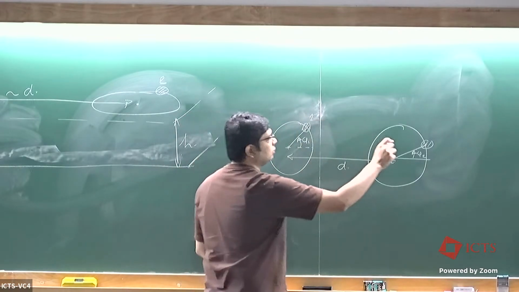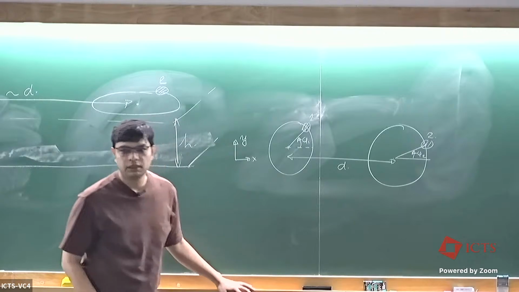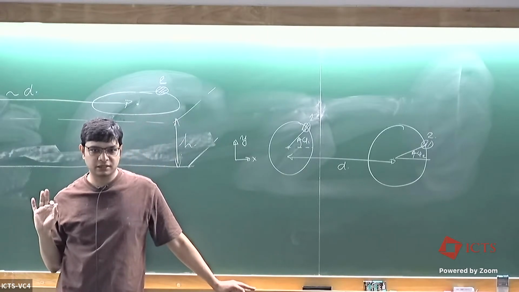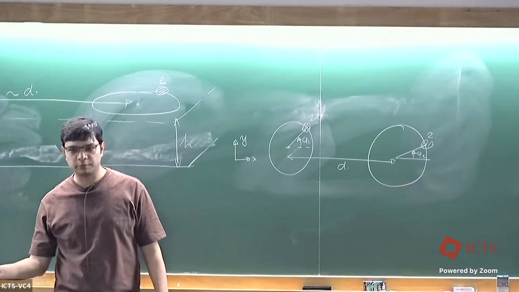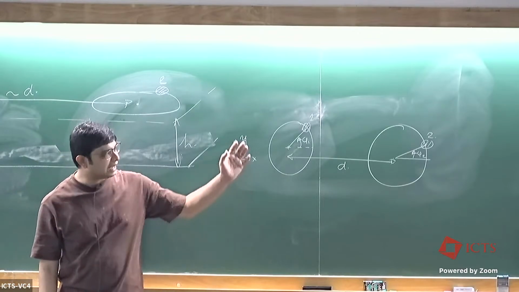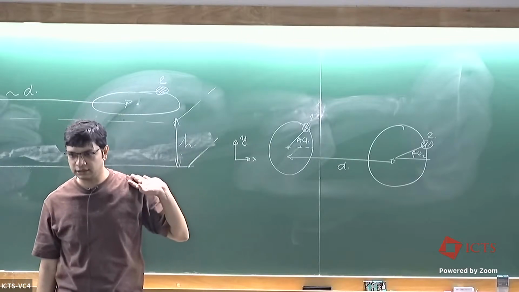Okay, so let me ask one thing. Let's consider this case for a moment: suppose these are perfectly rigid orbits, with no flexibility, and suppose they're not talking to each other through the flows that they're generating.